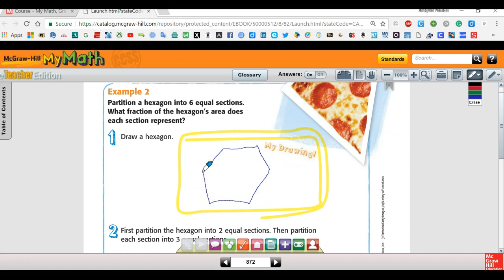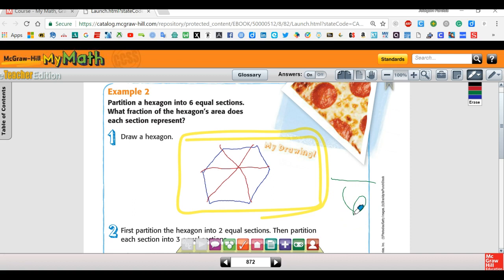And it says partition it into 6 sections. Well, I'm just gonna draw lines across from each other. Here, here, and here. And I have 6 sections. What fraction of the hexagon's area does each section represent? Well, how many sections are there altogether? 6.